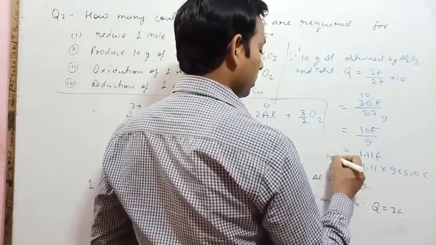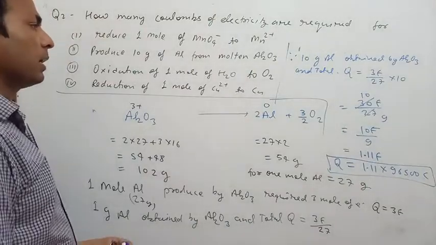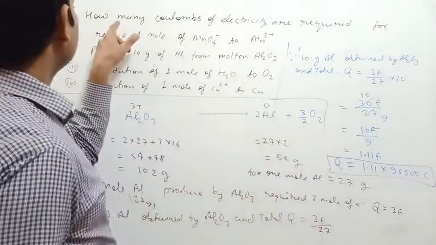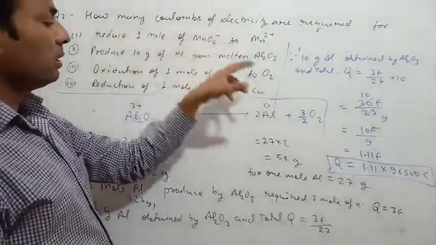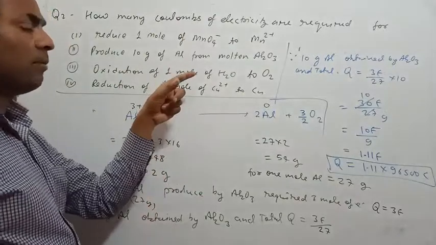So this many coulombs of electricity are required for the production of 10 gram of aluminum.